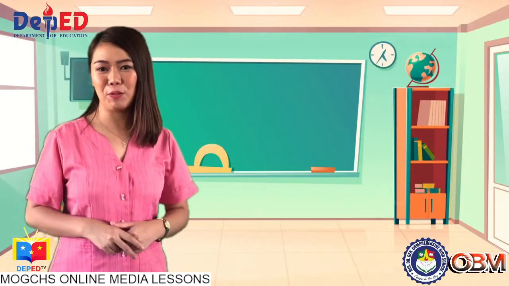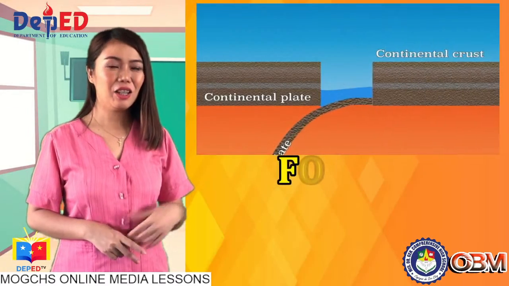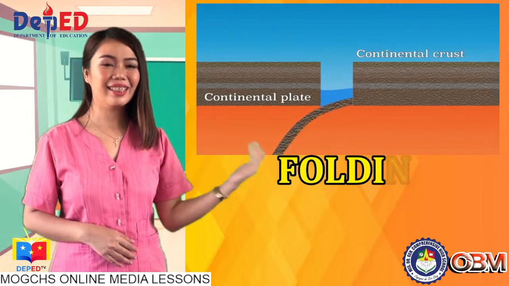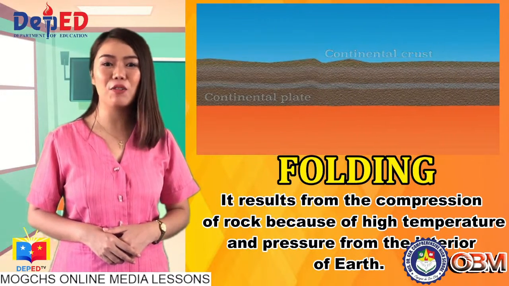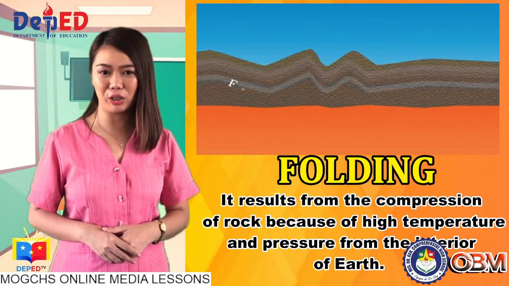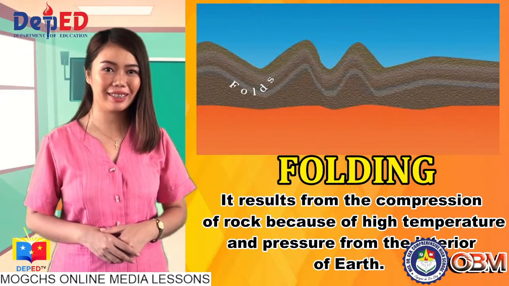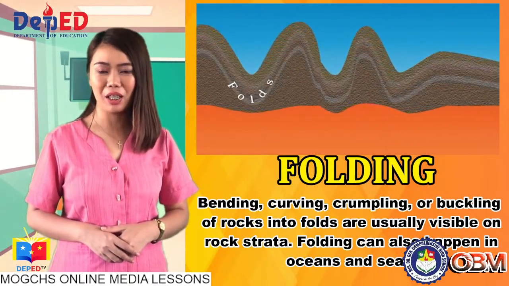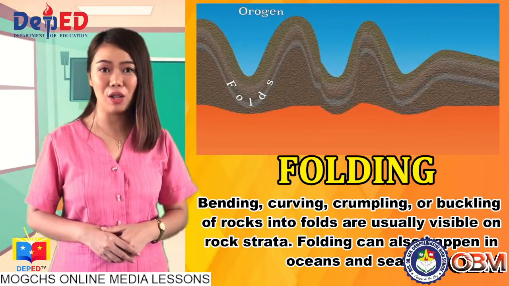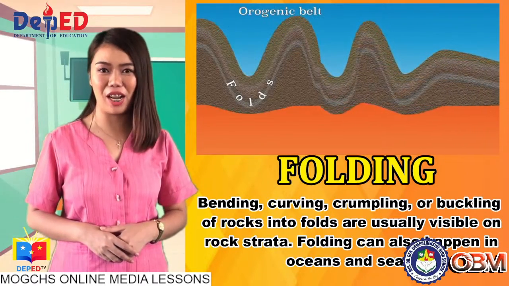The first type of Earth movement is folding. It results from the compression of rock because of high temperature and pressure from the interior of Earth. Bending, curving, crumpling, or buckling of rocks into folds are usually visible on rock strata.